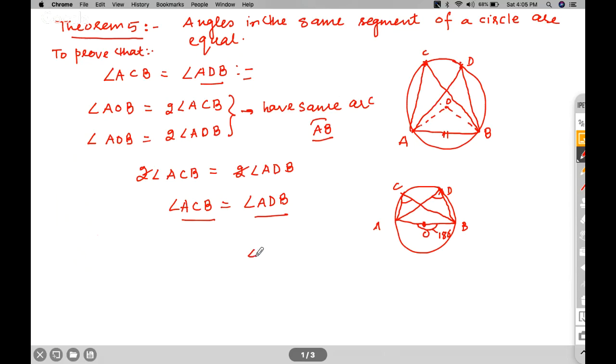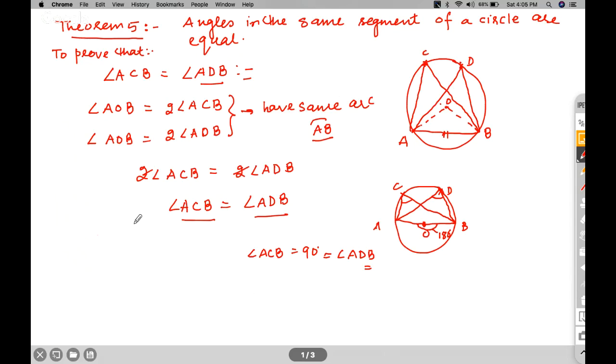So I can write that angle ACB is equal to 90 degrees, because we just discussed a theorem which tells us that the angle in a semicircle is a right angle. So ACB is 90 degrees, that is equal to angle ADB. So we can prove it for a semicircle.